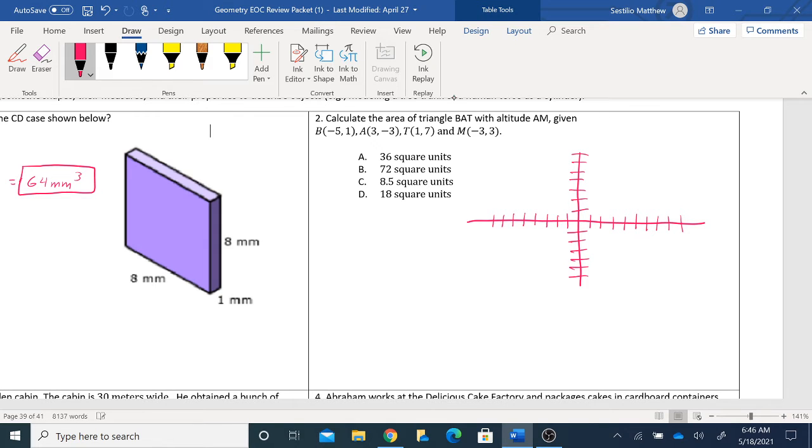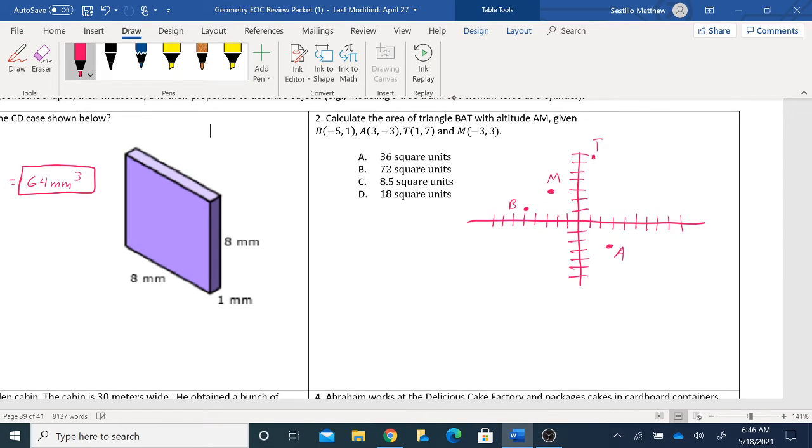So we got negative 5, 1. This is B. We got 3, negative 3. That's A. We got 1, 7, which is T. And we got negative 3, 3, which is M. And AM is an altitude.